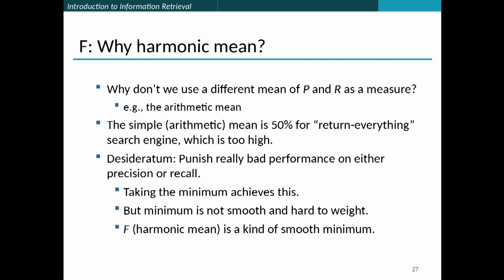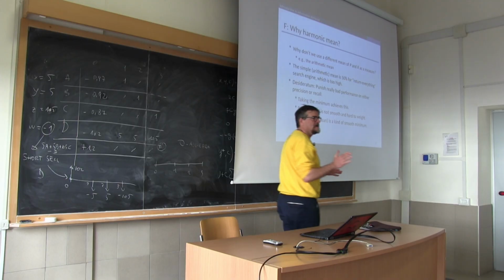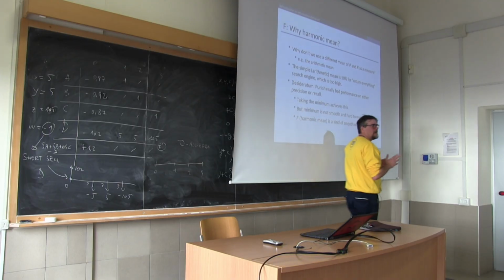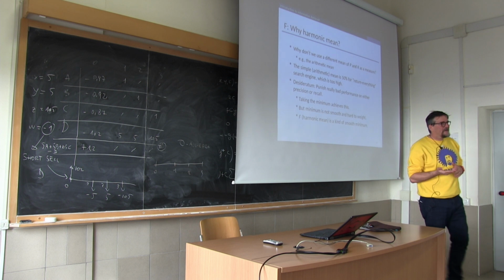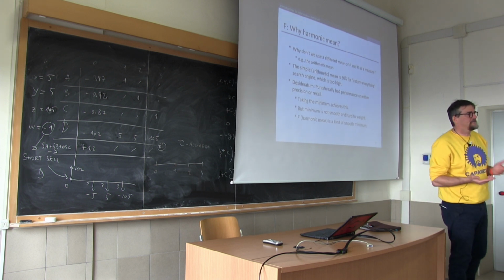So it does not have the power to discriminate among the different cases, which is basically too high. The 50% of returning everything does not discriminate between a system in which you want more precision and a system in which you want more recall. What you would like is actually to punish really bad performance, either on precision or on recall. Systems that are very bad in precision or in recall must be punished.